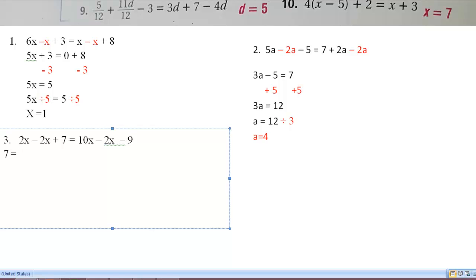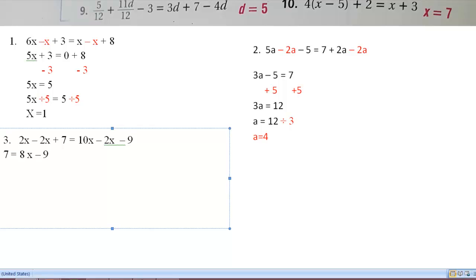7 equals 10x minus 2x, which will be 8x, negative 9. Now let's remove the 9. The 9 here is subtracted, so we will add 9 to both sides.